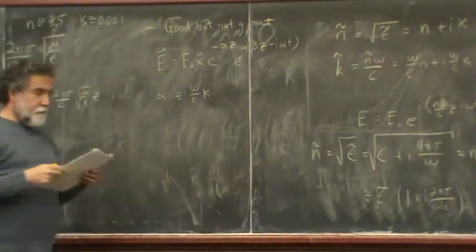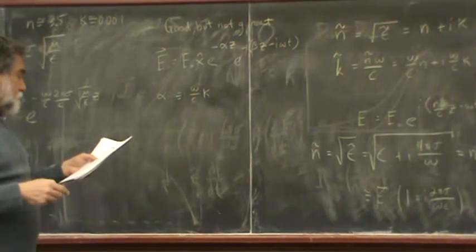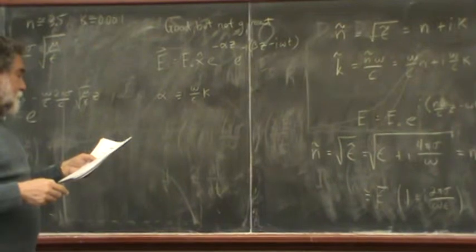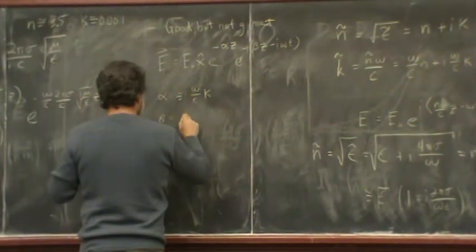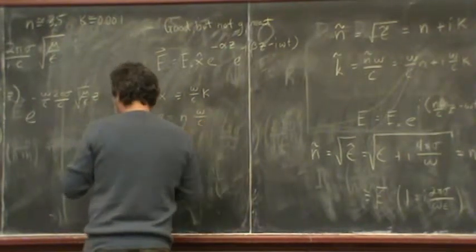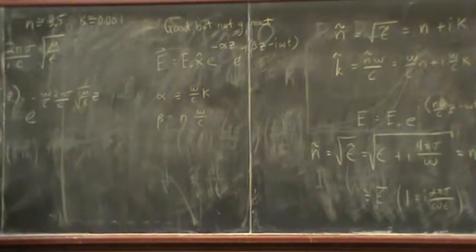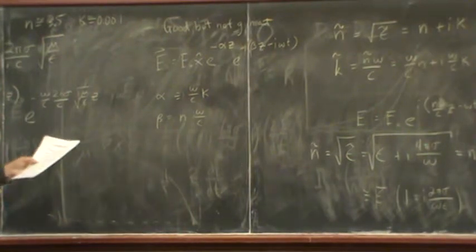kappa. And I'll leave it. Beta is the real part times omega over c as well. Now the magnetic field, we have to really be clear about the fact that there's a complex portion in there.